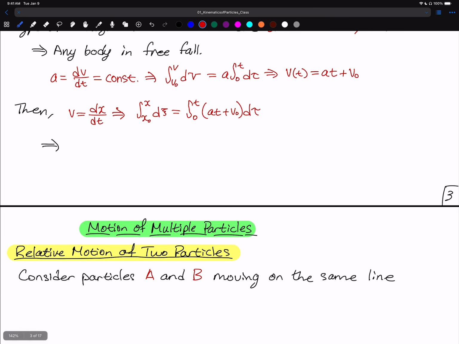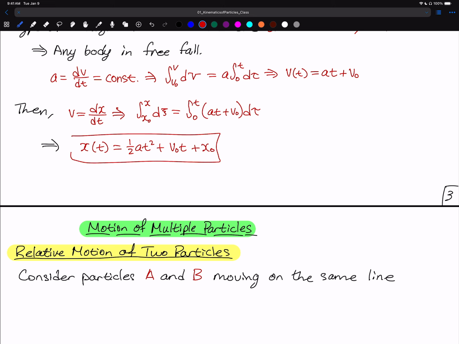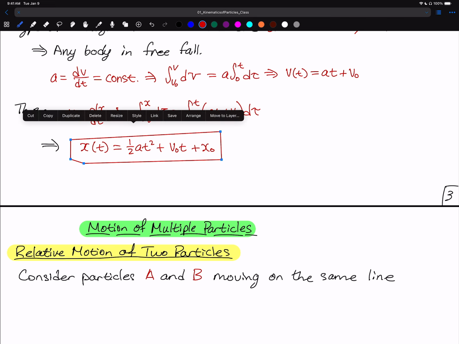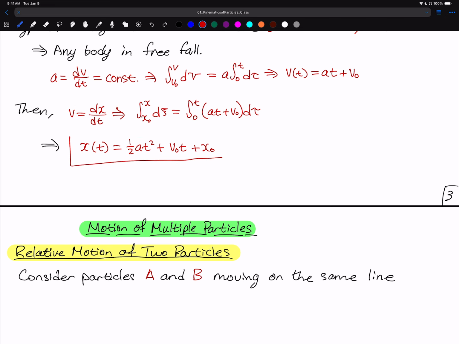And what we'll find then is that our position, x of t, is equal to 1/2 a t squared plus v0 t plus x0. There. And that is our position as a function of time here.